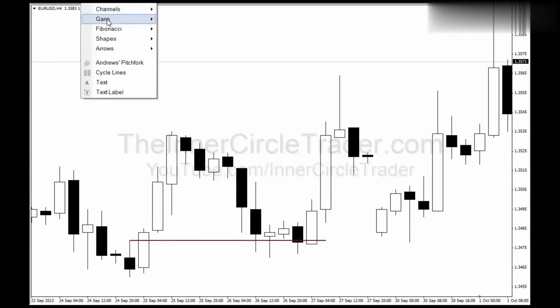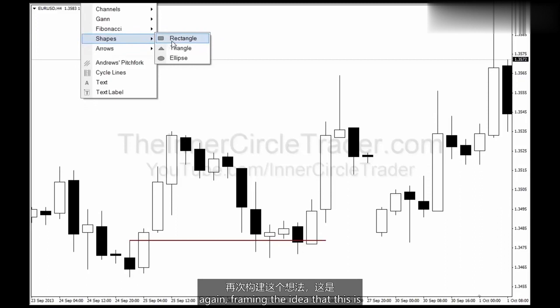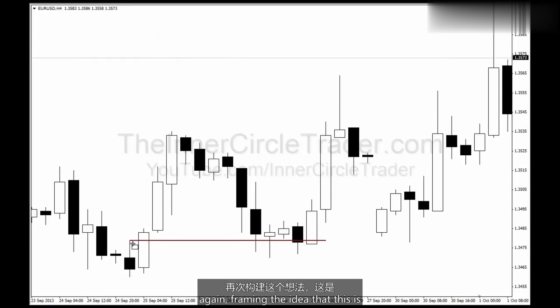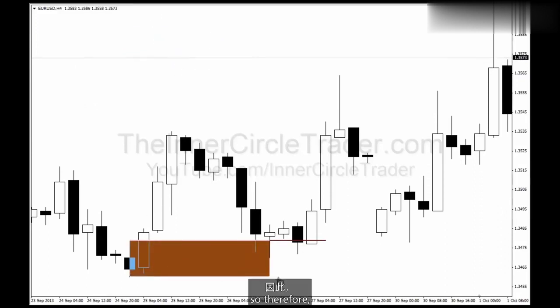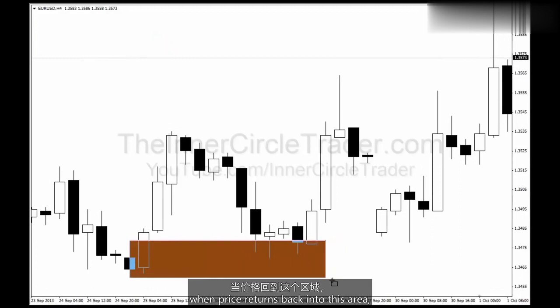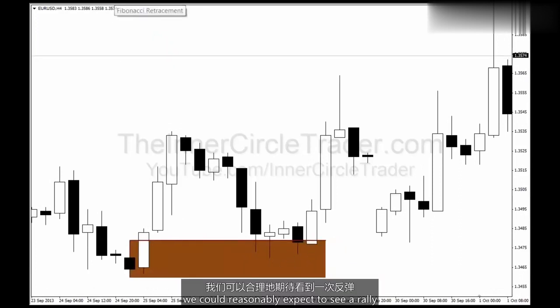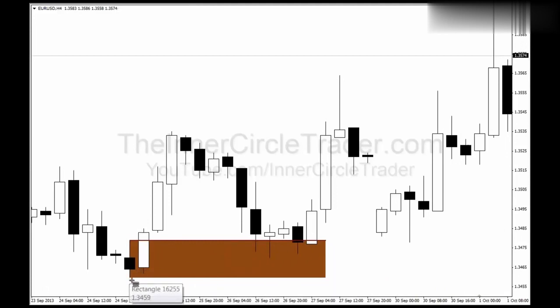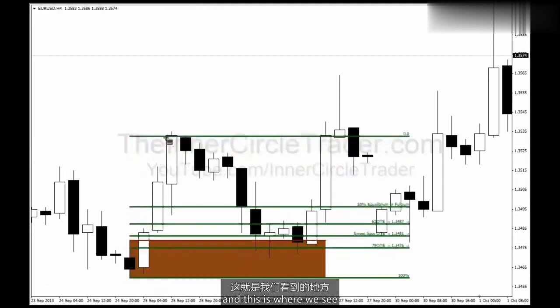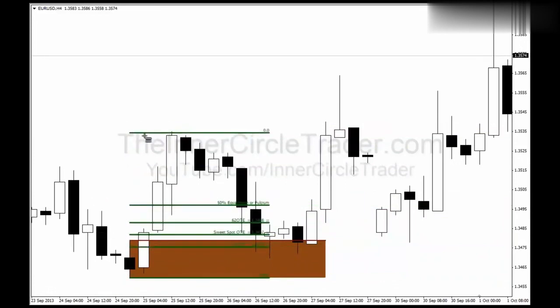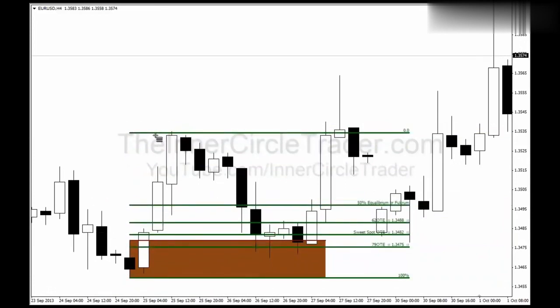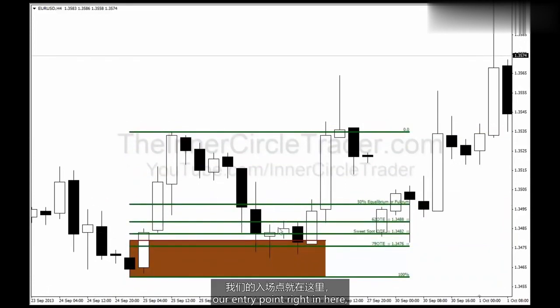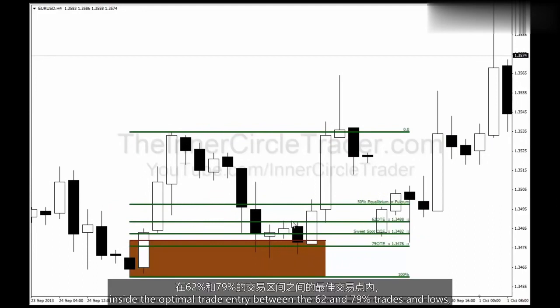And again, framing the idea that this is bullish, so therefore when price returns back into this area, we could reasonably expect to see a rally up. And this is where we see our entry point right in here inside the optimal trade entry between the 62 and 79% retracement lows.